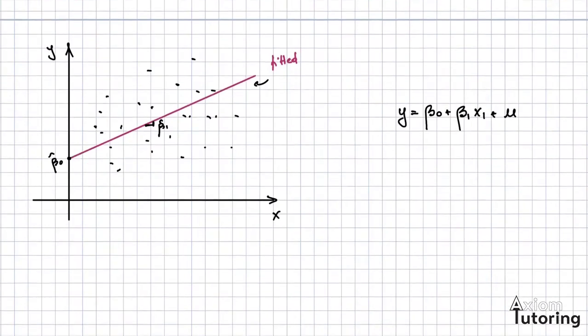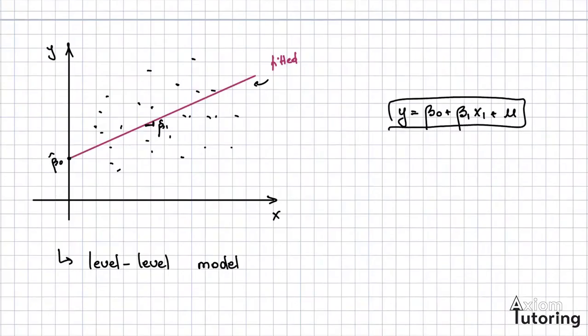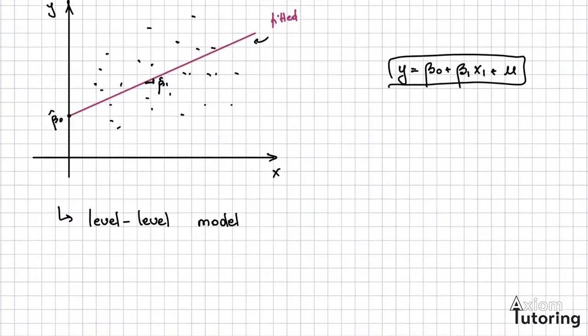Now, when I have what I call a level model, what am I really referring to? How can I look at this expression in here and say, oh, yeah, that's a level model? Well, a level model is where both the x variable and the y variable are in their original units.